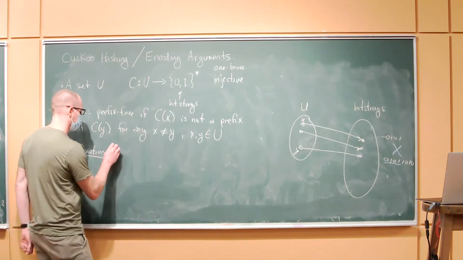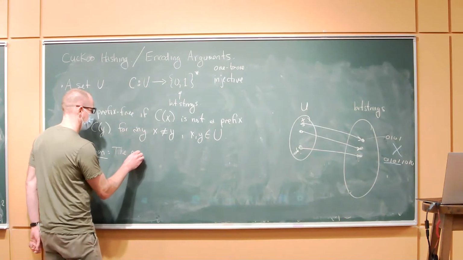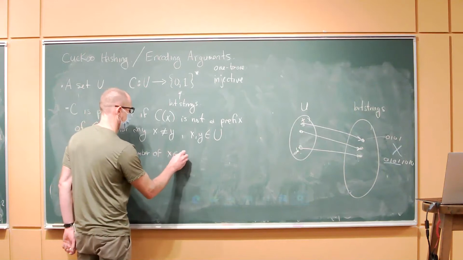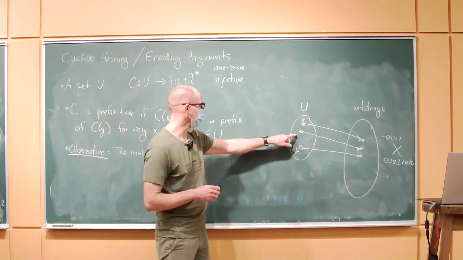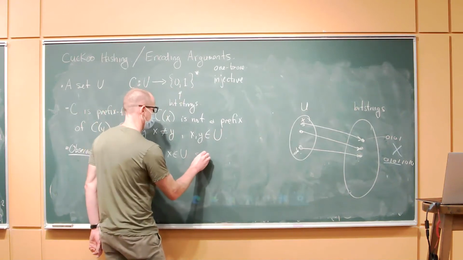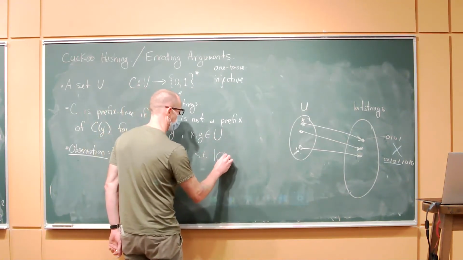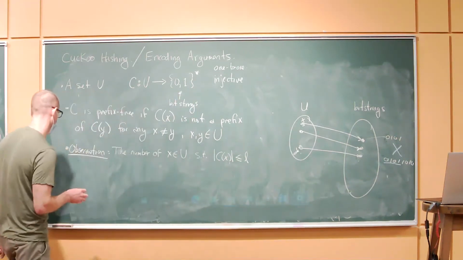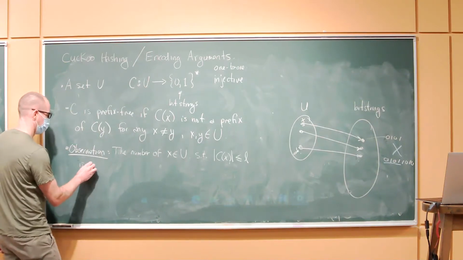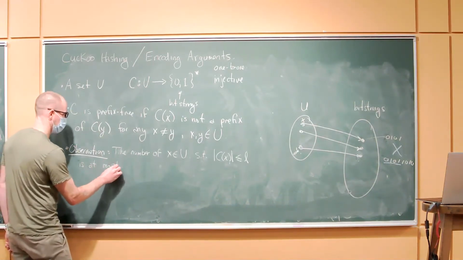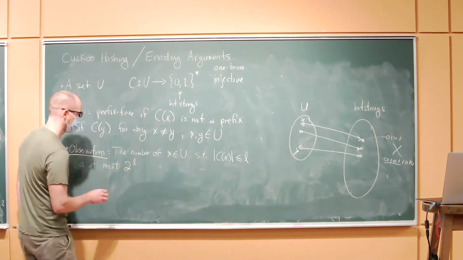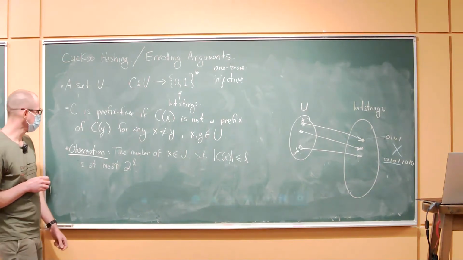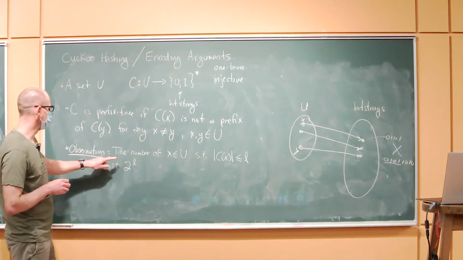Observation: the number of X's in the universe, so the number of things that I want to encode, such that the length of their code word is less than or equal to L, is at most 2 to the L. Okay. And that's very easy to see. So this is for prefix-free codes.